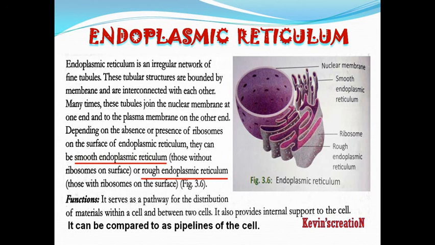As the pipelines, they distribute water everywhere in your house, in the kitchen, bathroom, and the place where you wash the things. Okay, so same way, this endoplasmic reticulum also you can compare to as pipelines. Something to remember: smooth endoplasmic reticulum if ribosomes are not present, and rough endoplasmic reticulum if the ribosomes are present on the surface.